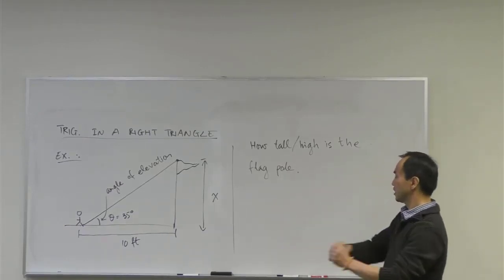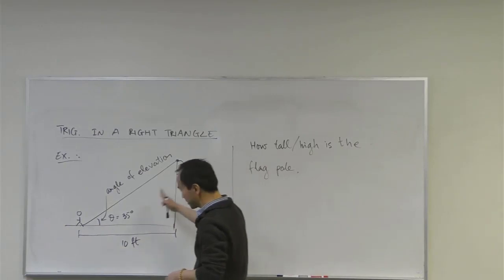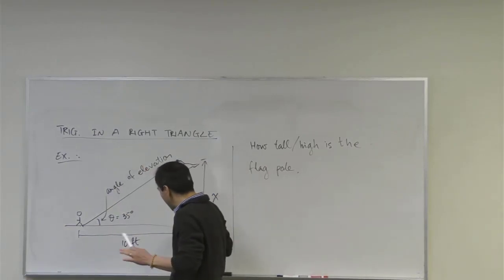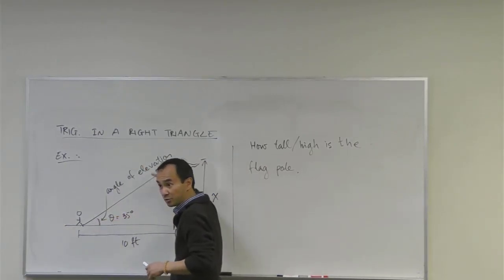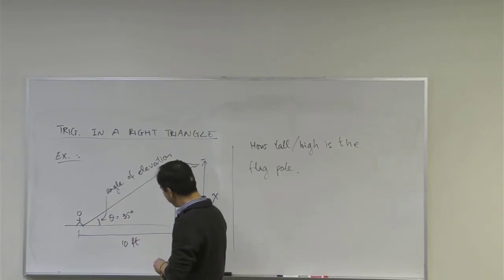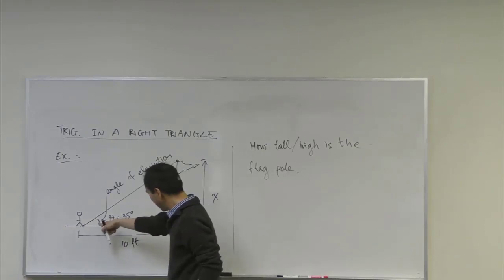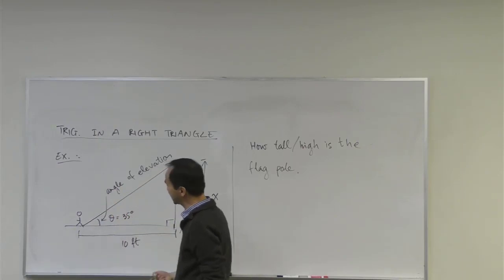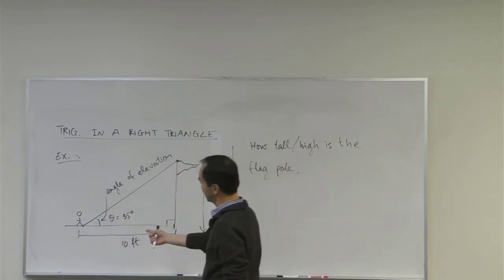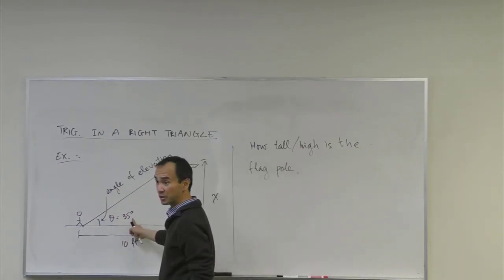Okay. So the idea now is that when you're seeing this, in the picture I'm drawing, it's a right triangle, right? And where the foot of that flagpole is, it's a right angle, right? And so our angle theta right here is some acute angle, as I explained earlier in the main lecture. And we know the measurement is 35 degrees.